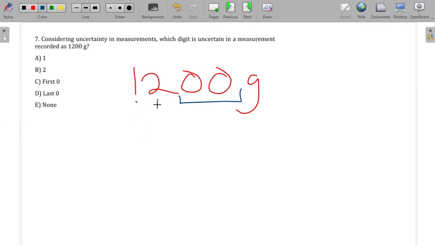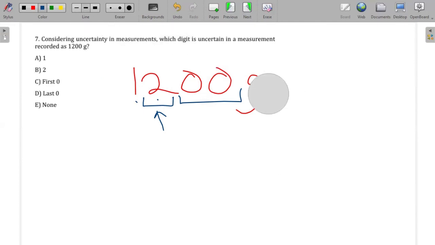Between 1 and 2, which one is the last significant figure? It's this 2 here. So we're going to say the 2 is our what? Uncertain digit. So the certain digit here will just be this 1, and the uncertain digit is going to be this 2.